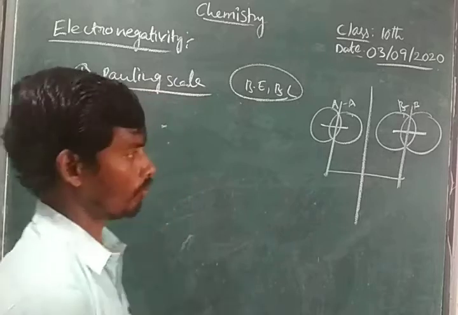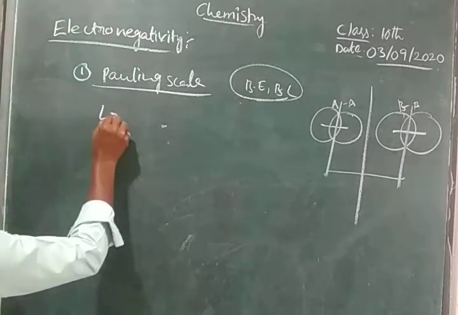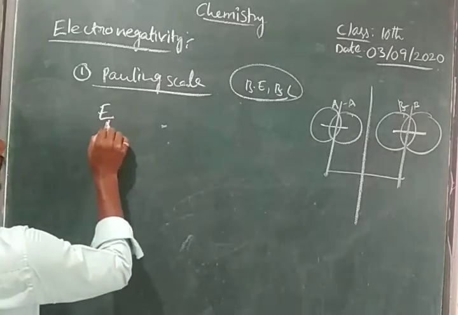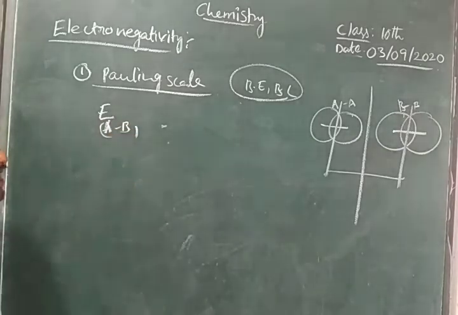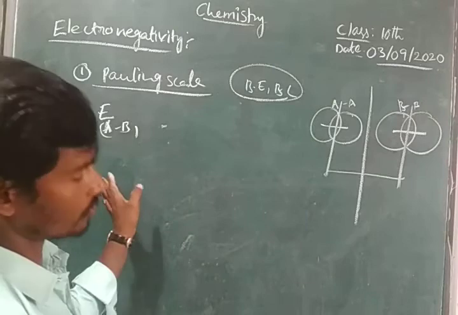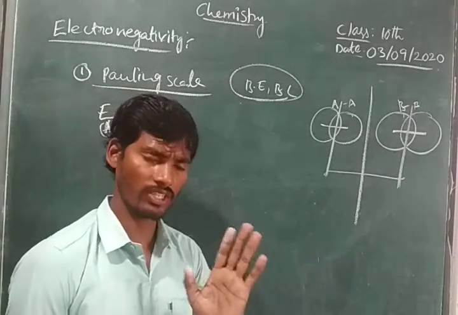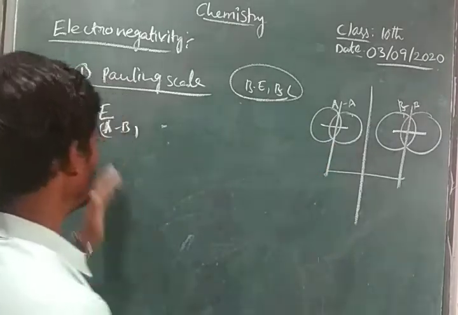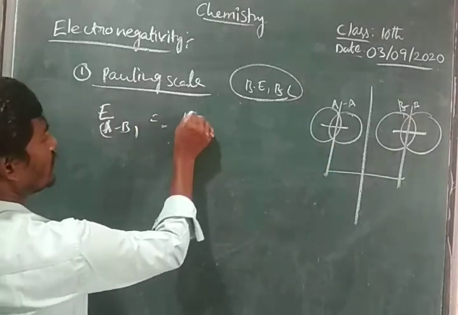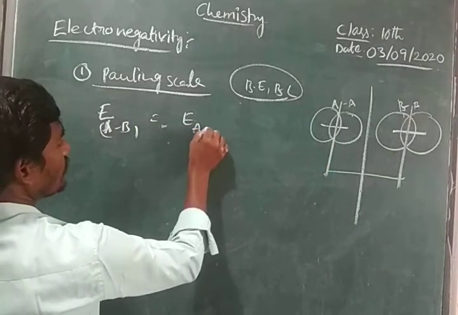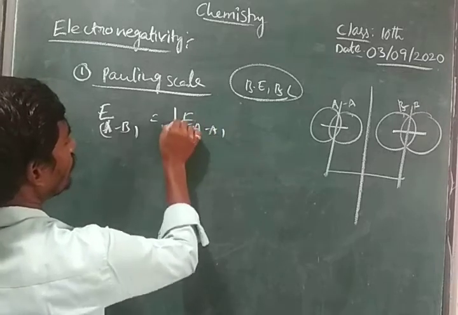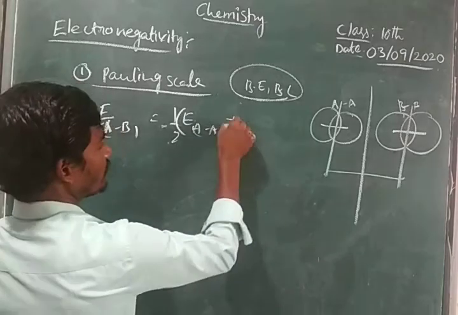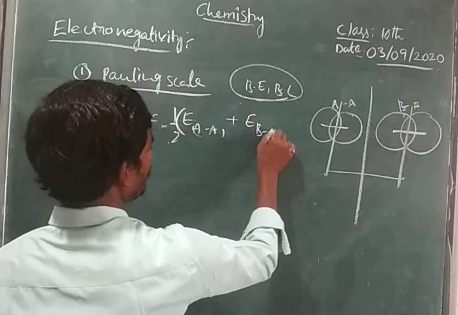Now see the energy between atom A and atom B. We have to consider only the bond energy. The energy between atom A and atom B equals half of the energy of AA plus the energy of BB.